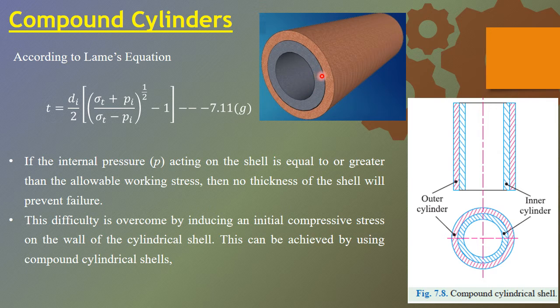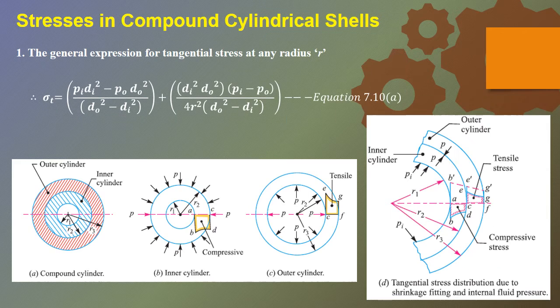So the allowable stress of this entire cylinder will be higher than the internal pressure, and with that value we can determine the dimensions and design the cylinder. That's why we use a compound cylinder, so that we can pre-stress the cylinder and higher internal pressures can be withstood. Next we'll go through the concept of the stresses generated in compound cylindrical shells.